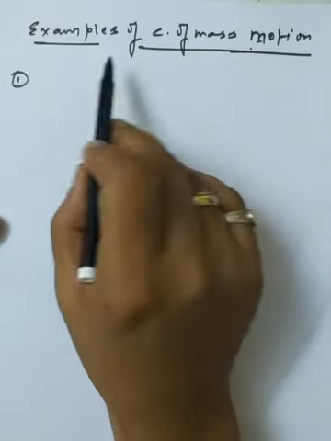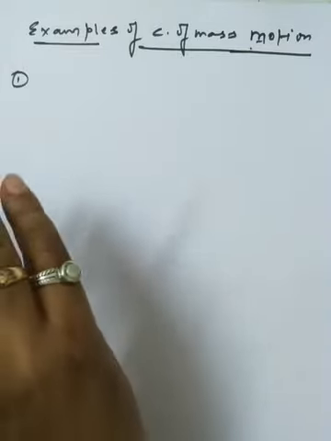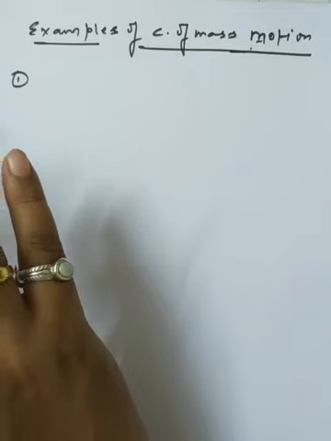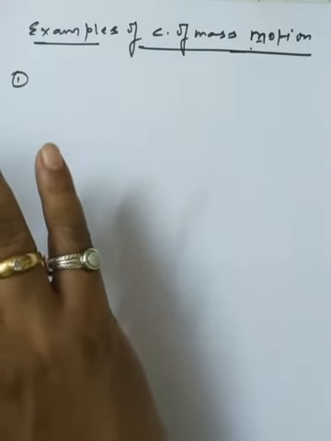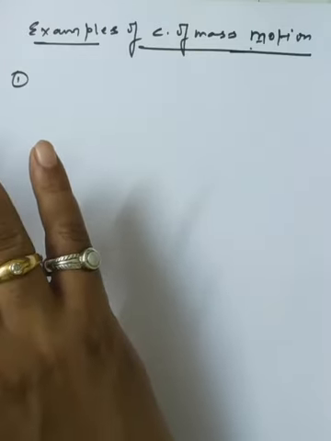Now here we want to discuss examples of center of mass motion. As we are assuming that a rigid body is constituted by a number of particles, and all are following the mechanics rules, that means for them the momentum is totally conserved.